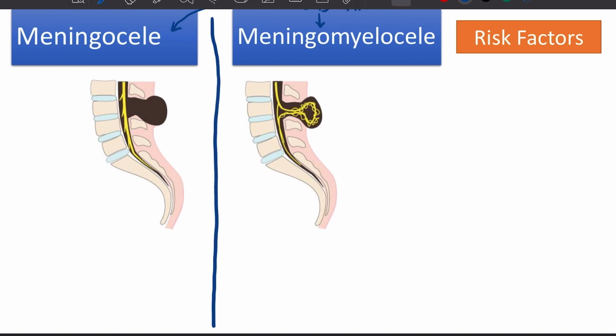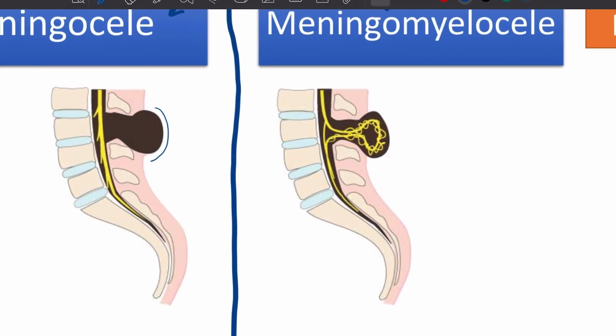In meningocele, there is swelling of this part which can be seen from outside, and this is a soft fluctuant mass which can be seen from outside.